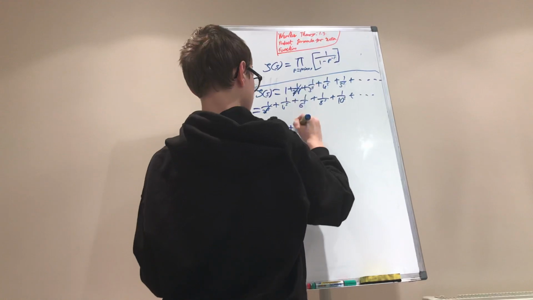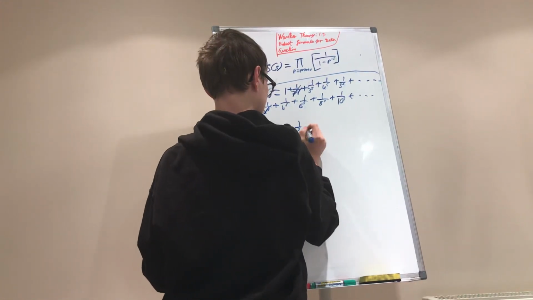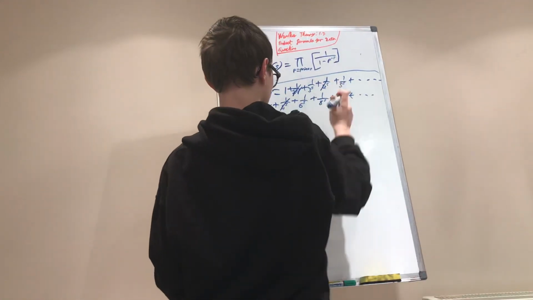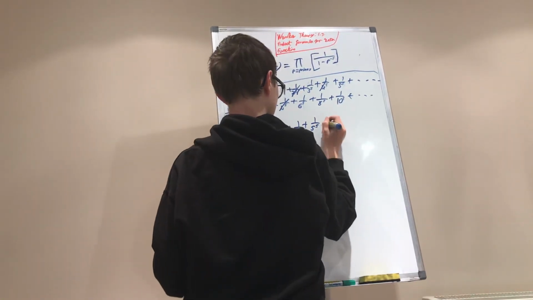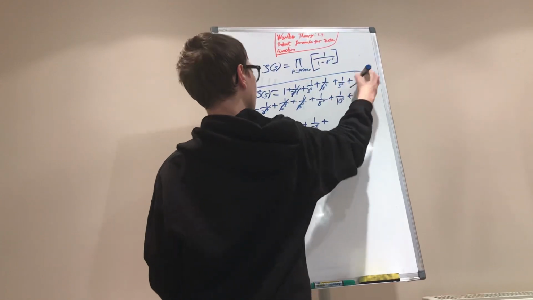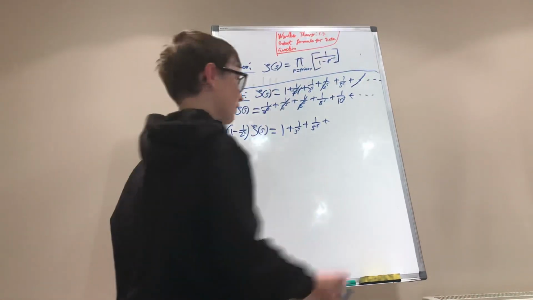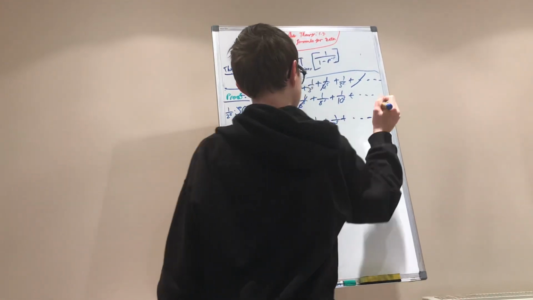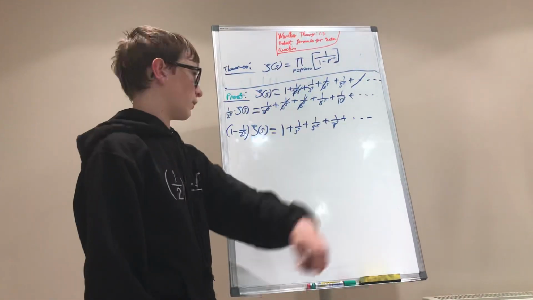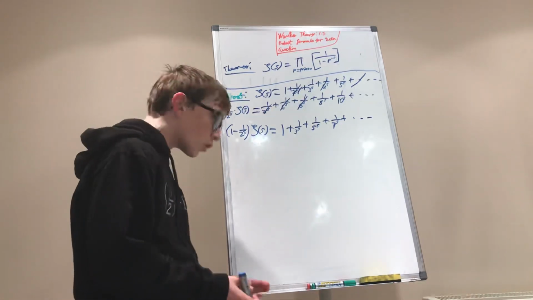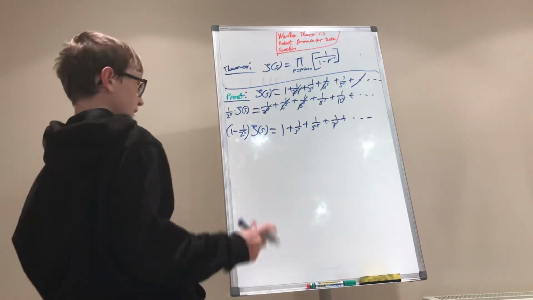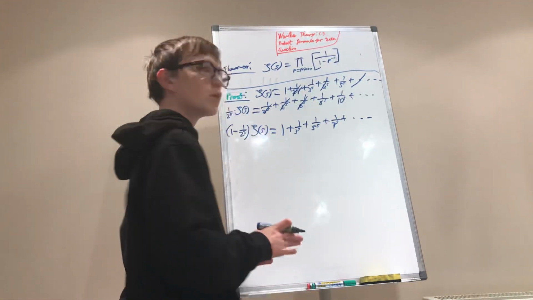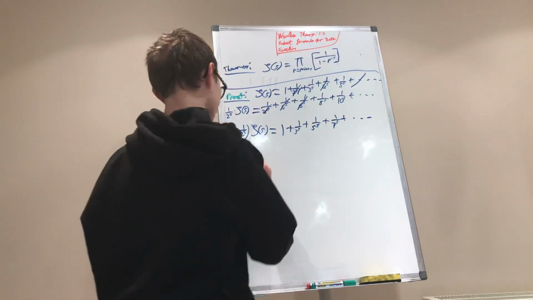But the 1 over 3 to the power of S stays, plus this and that go away, but the 1 over 5 stays. Plus this and that would go away, and the 1 over 7 stays. And I hope you can see where this is going. These are all the reciprocals of all the odd powers of S, I guess. Or the sum.